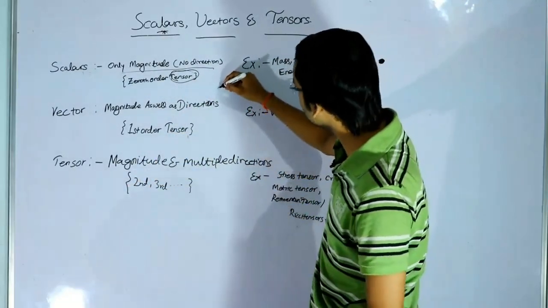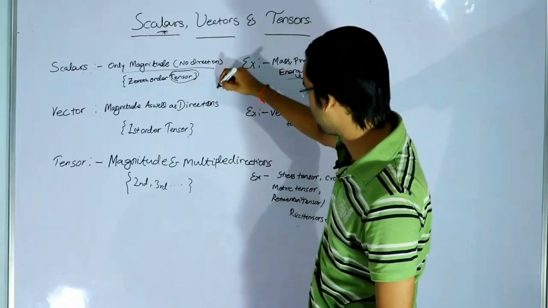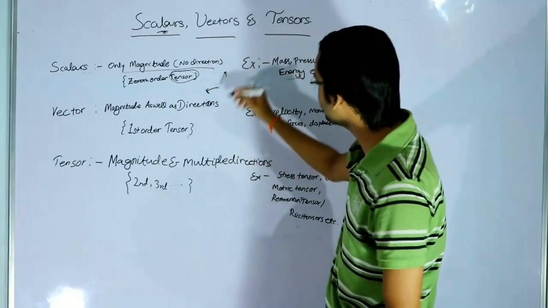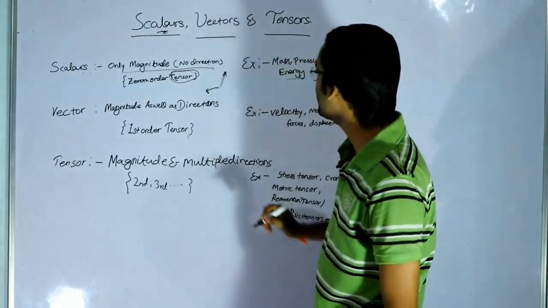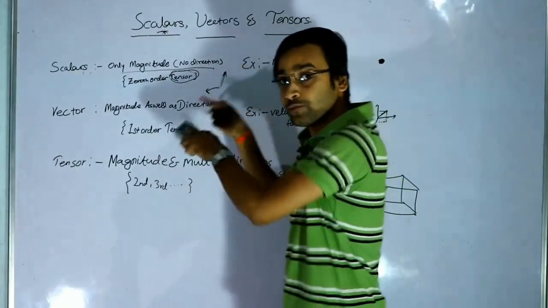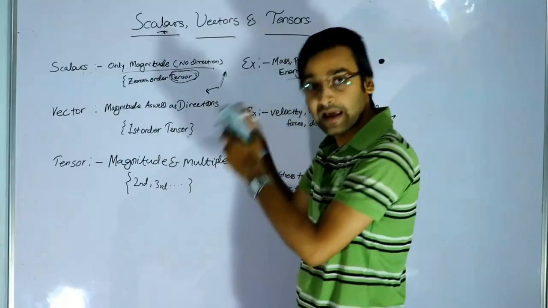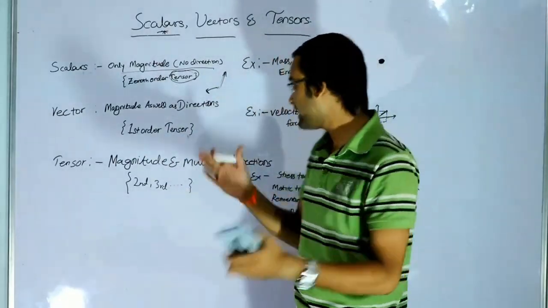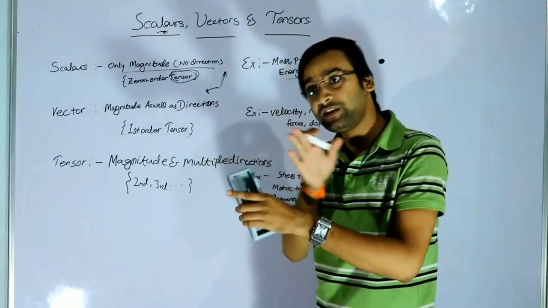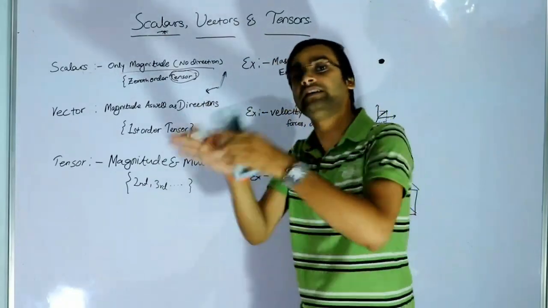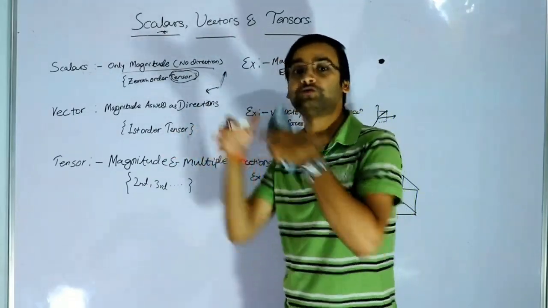I can say, well, this is in this direction. It may be in this direction, whatever it may be, but there is a concept of direction. So this quantity has two entities, two concepts. One is the magnitude, how much it is, and second is the direction, meaning acting in which direction.